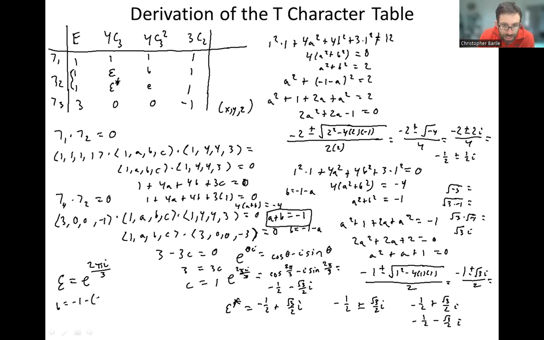Negative 1 minus negative 1/2 minus root 3 over 2i. Well, that is negative 1 minus a minus 1/2 gets you minus 1/2. And then you got a positive. The minus sign makes this a positive. What did it get you? It got you the complex conjugate. So B is actually equal to the complex conjugate of epsilon.